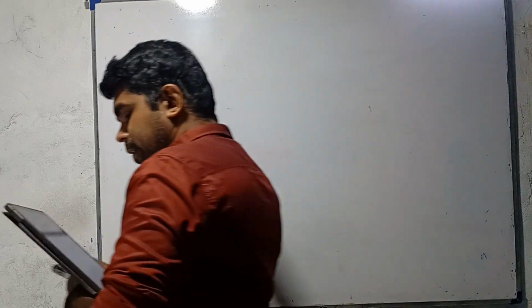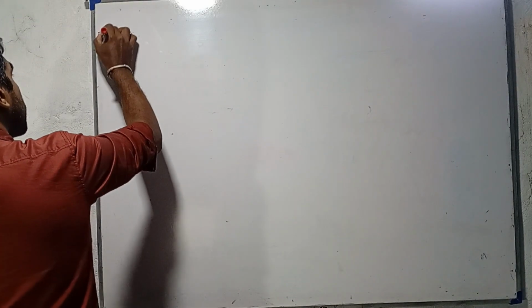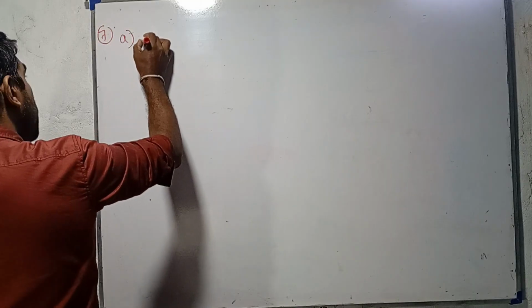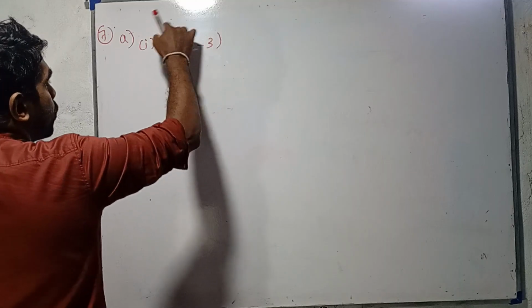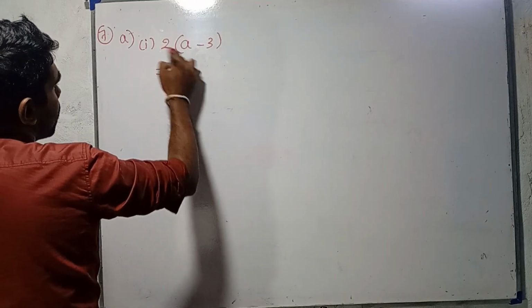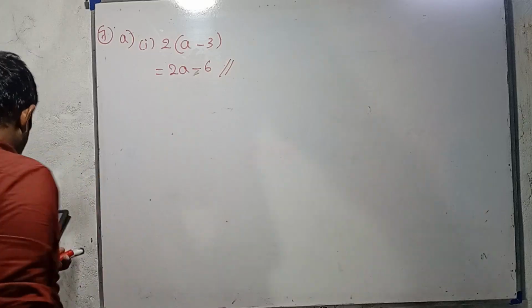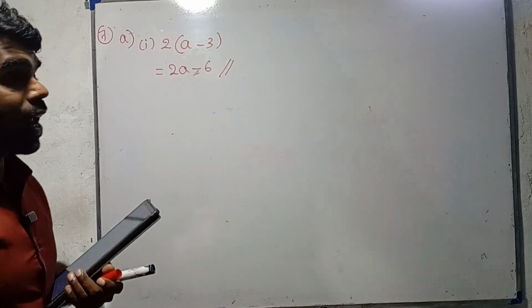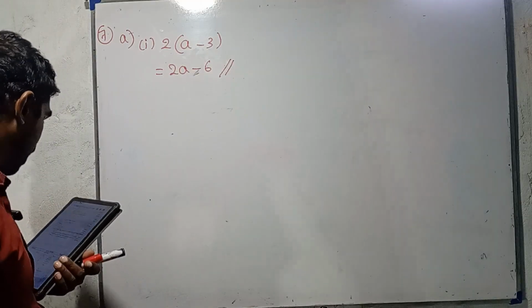When expanding a bracket, we have to multiply all terms in the bracket by the term or mark outside the bracket. 2 into a, 2a, plus into minus, minus, 2 into 3, 6. We can't subtract a term and a number, therefore it is the answer for part 1.